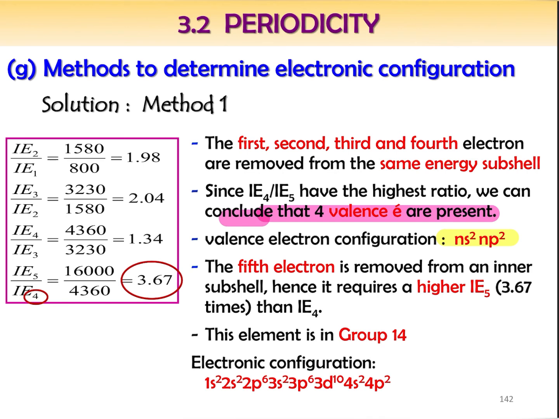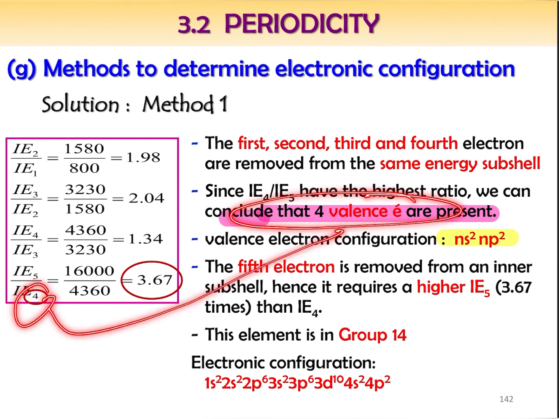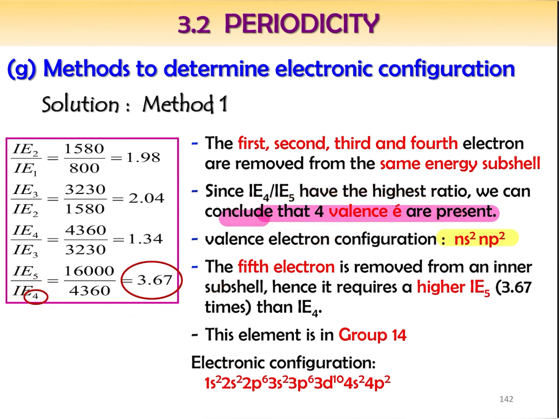So basically from the data successive IE data, kita boleh guna method 1 ataupun method 2. Nanti Miss akan tunjuk. Kita boleh tentukan dia punya valence electron. So nombor yang paling kecil tu adalah bilangan valence electron kamu. Take note ya. And you can write the valence electronic configuration.